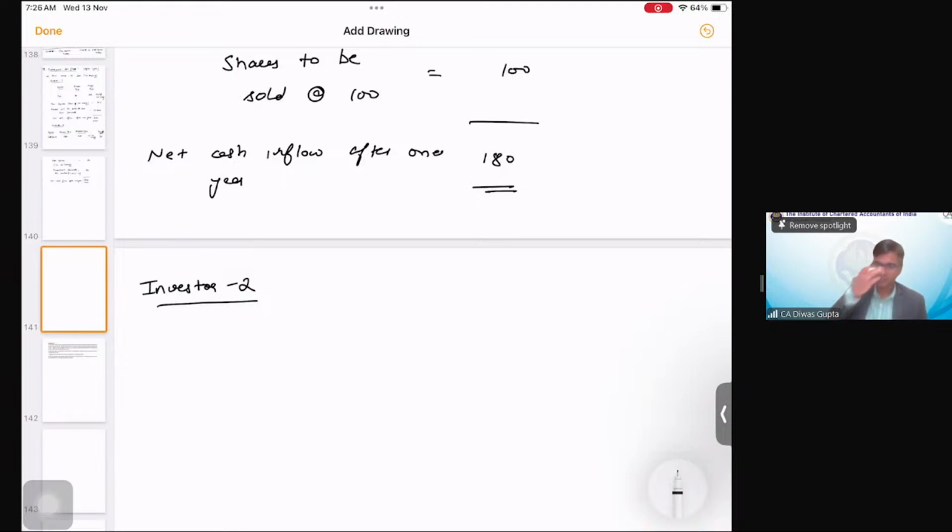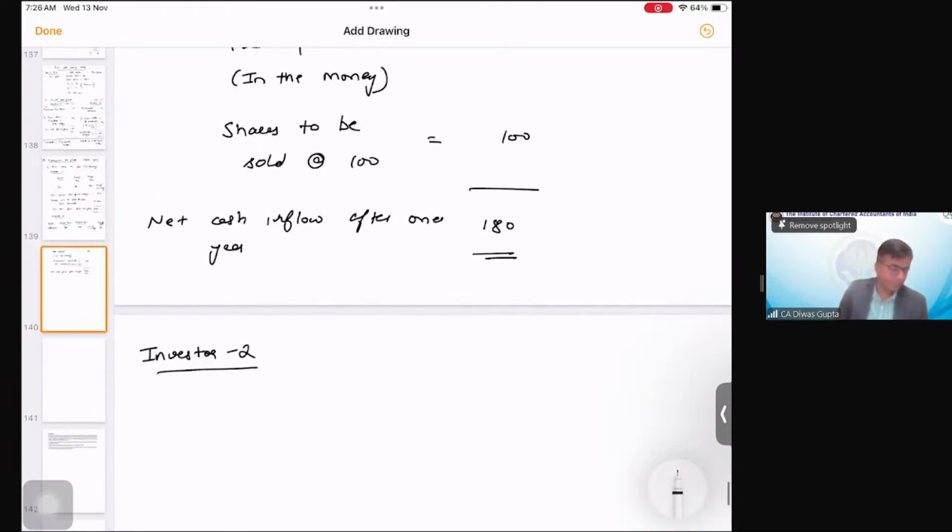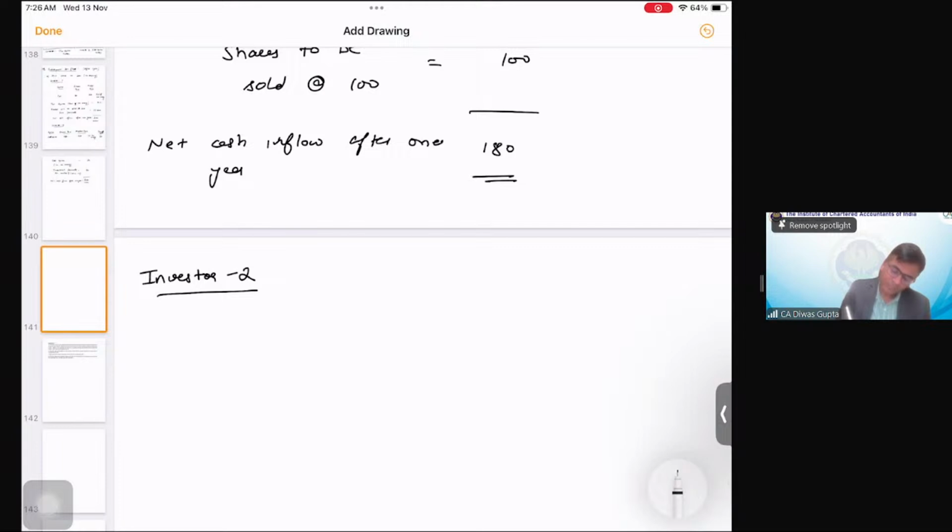Investor 2, we are talking about call option. We are talking about strike price and the market price.